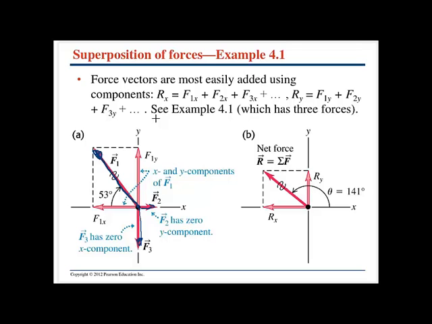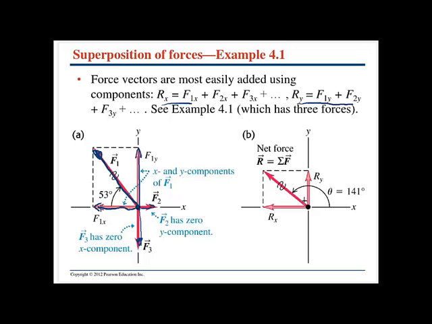So what we do is we do the SOHCAHTOA breakdown of our force 1, and we write it as force 1 in the y direction plus force 1 in the x direction, and now we can write our resultant vector, our net force, as being force 1 plus force 2 plus force 3 in the x direction, and force 1 plus force 2 in the y direction.